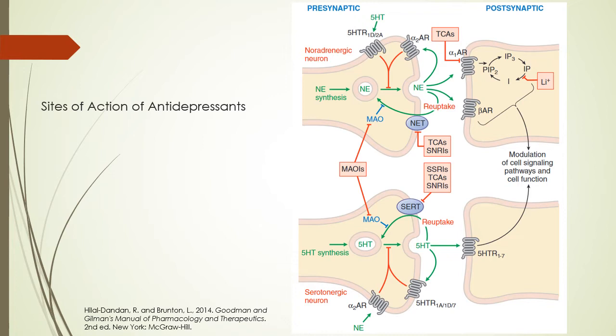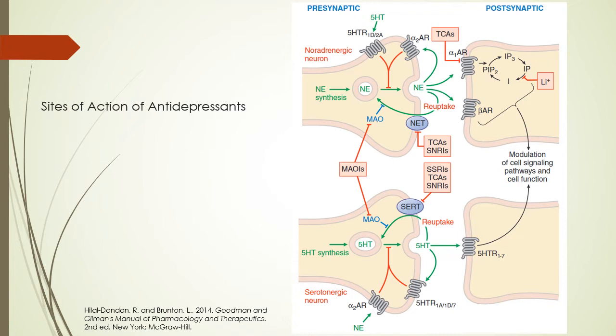So one of the more common sites of action would be the inhibition of the norepinephrine transporter. The norepinephrine transporter catalyzes the reuptake of norepinephrine from the synapse back into the presynaptic neuron.